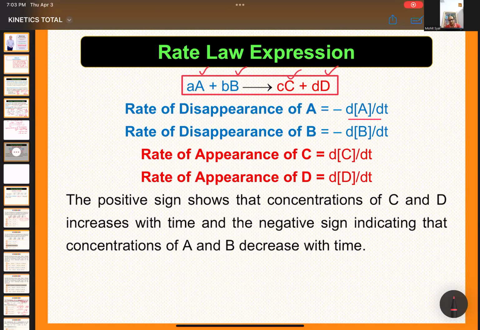For A and B, because they are reactants, I will put a negative sign so that I get a positive value. And these are the products, so there is no negative sign because we already get a positive value for these. Got it?